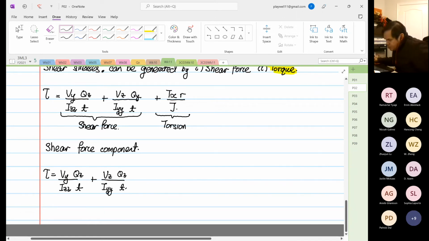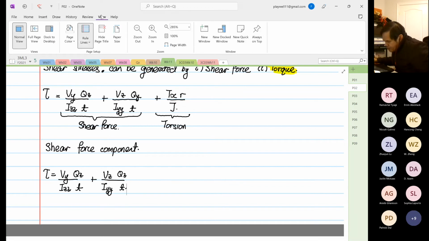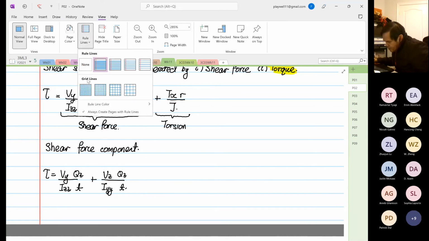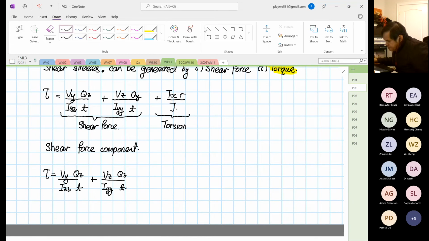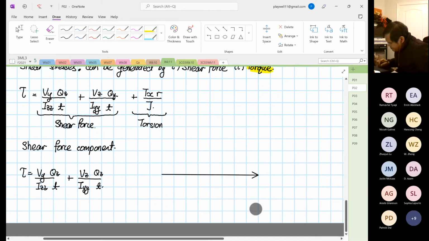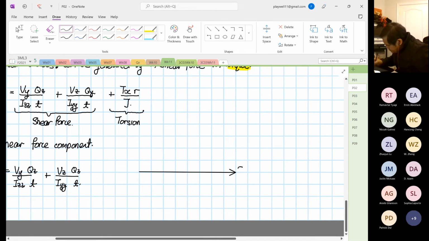So now if we draw the stress field distribution, we're going to sketch a stress field distribution. So we know that this is our shear stress. Okay.